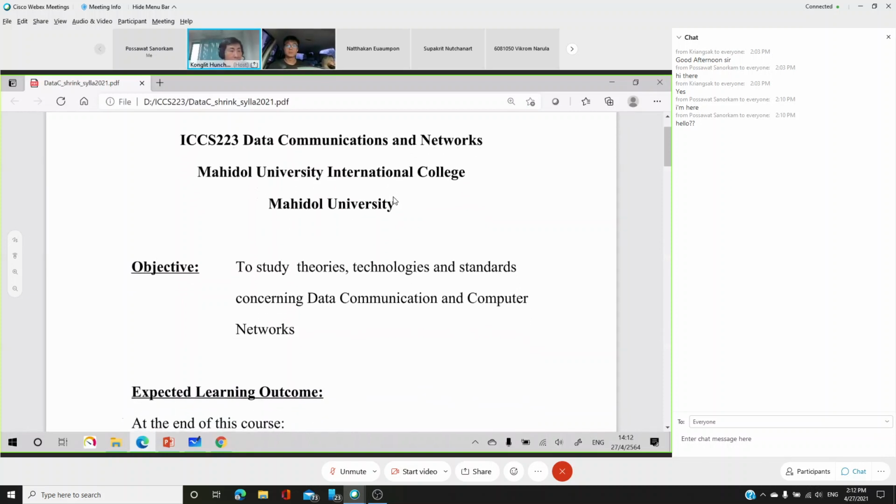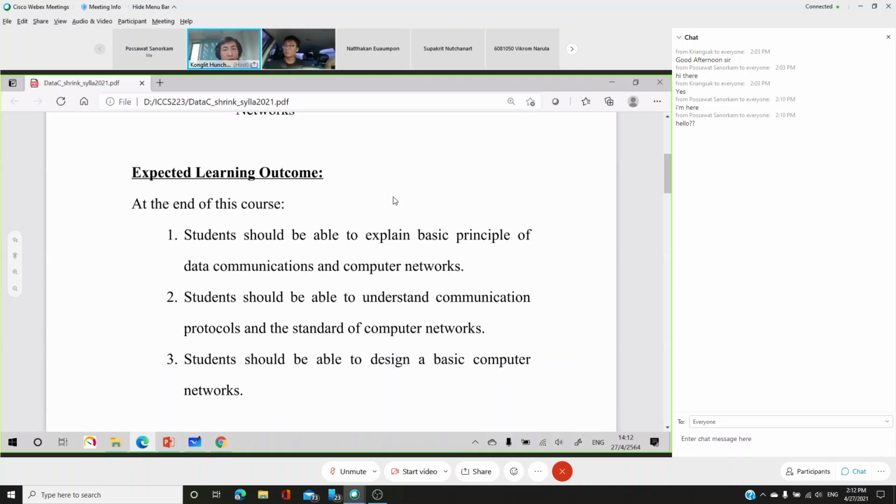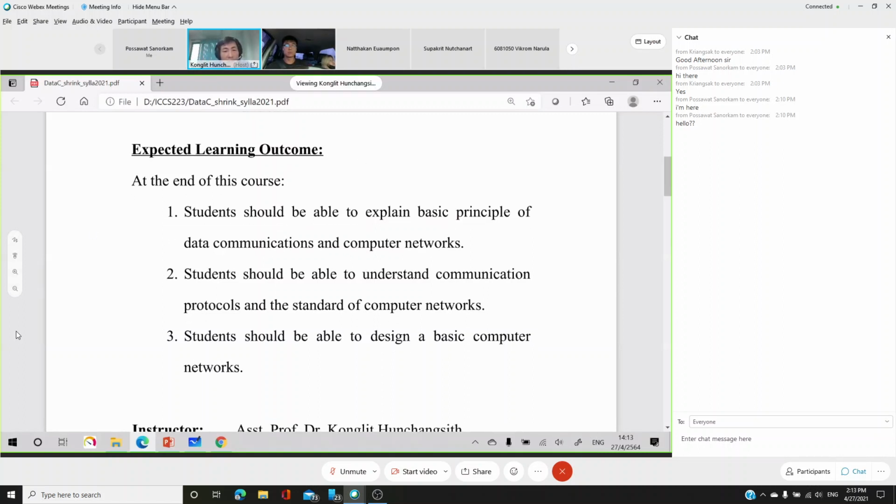We're going to study theories, technologies, and standards concerning data communication and networks. By the end of this course, I expect you to be able to explain the basic principles of data communication and computer networks, understand communication protocols and standards of computer networks, and lastly, design a basic computer network.